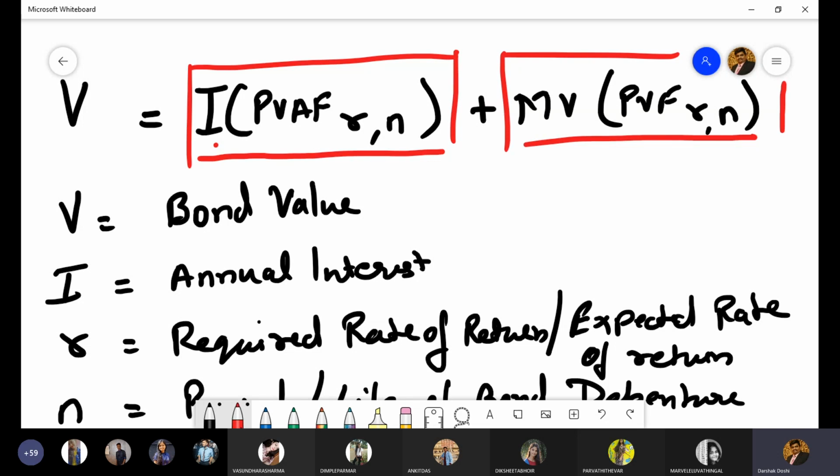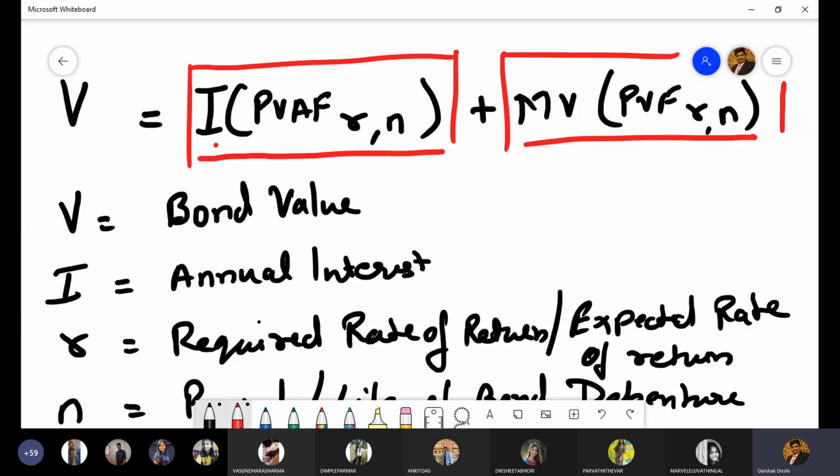You are going to get interest for a period of 5 years, 10 years, the life of the bond, and that total interest you need to bring down to present value terms to find out the bond value today. So you multiply your annual interest with the present value annuity factor, and then you add maturity value.